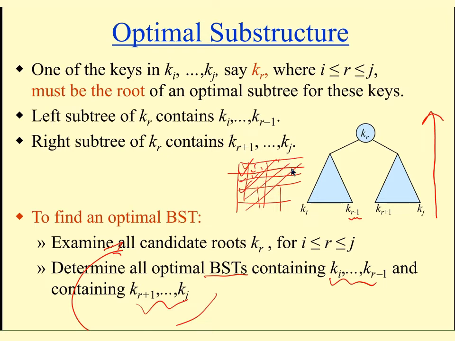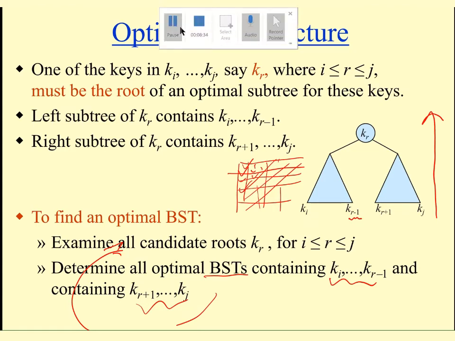Okay. So in fact, finally, once we reach the answer for the original problem, we have solved all subproblems. Okay, this is the first step, the optimal substructure, and then we continue with the next step 2.